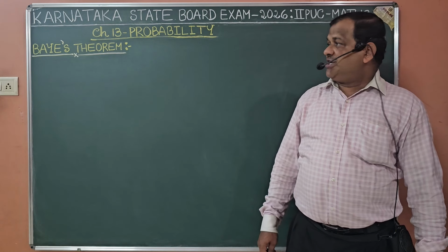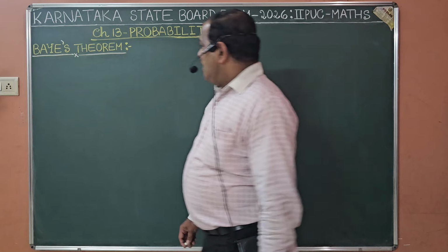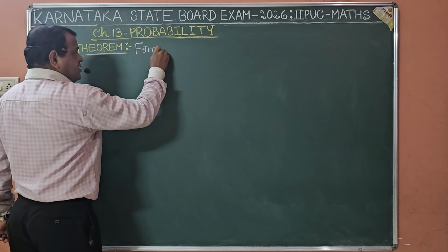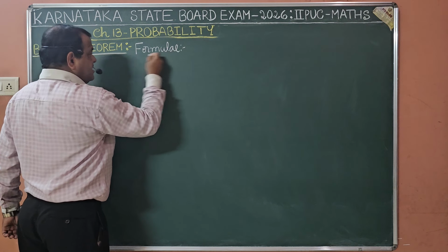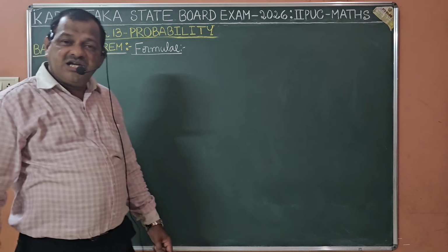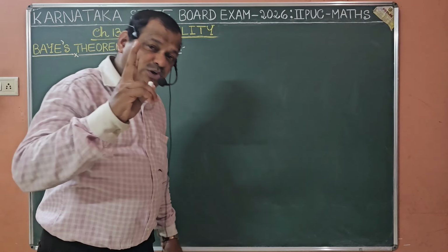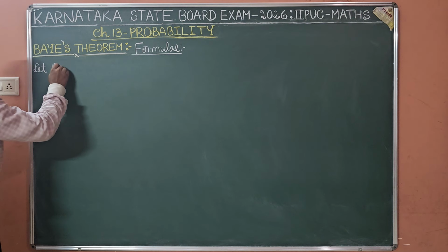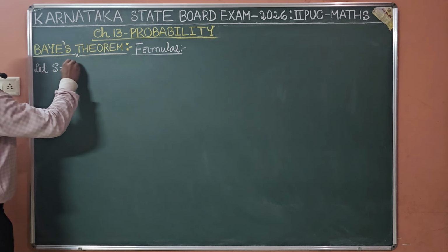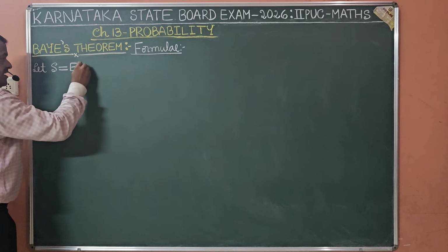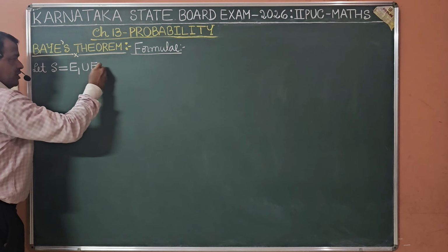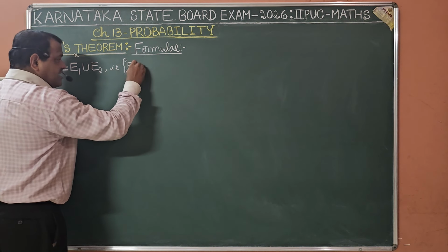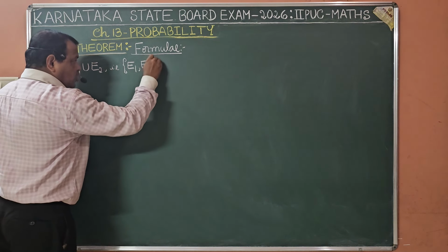Now students, kindly note down a very important formula I would like to give. That is from Bayes theorem, but if the sample space has a partition made up of two events. Assume two events. Let the sample space S contain only E1 union E2, that is this set containing E1 comma E2, only two events.